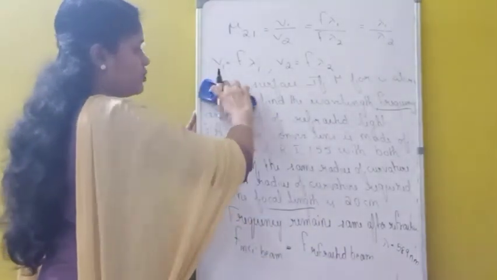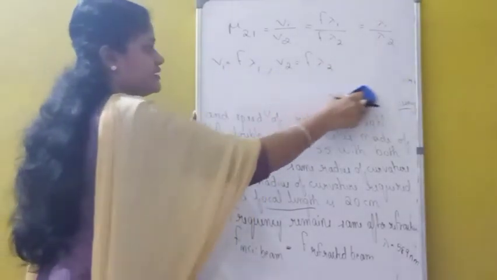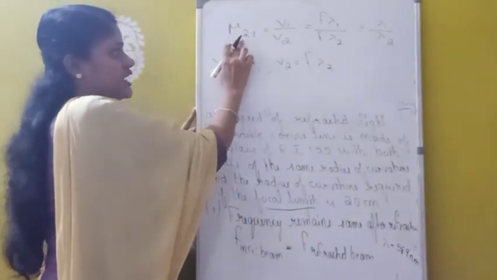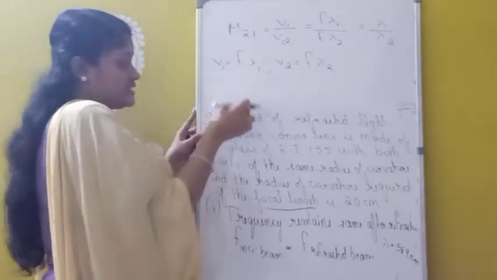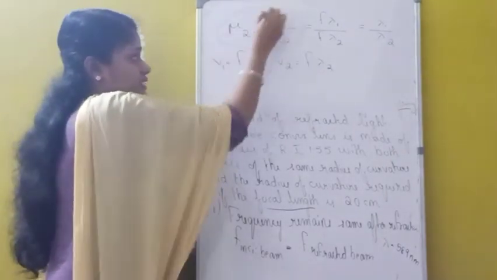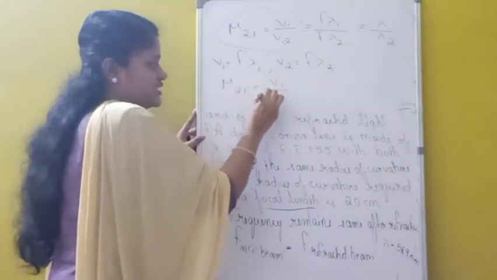The refractive index is given as 1.33. We have to find the frequency as well as the speed in the second medium. First I take the formula mu21 equals V1 by V2.